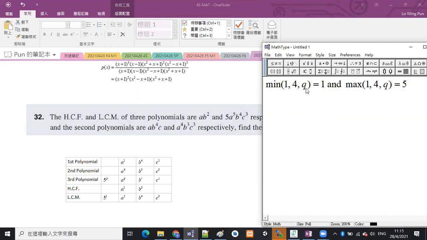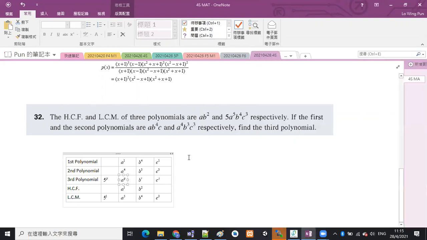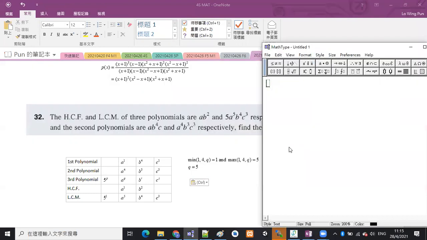So q should be larger than or equal to 1, cannot be 0. But q should be less than or equal to 5. But there is no 5 appeared before, which forces that q must be equal to 5. Okay, so that is like this. And then when we consider the factor b, the minimum among 4, 3, and r should be equal to 2 because the HCF is b squared.